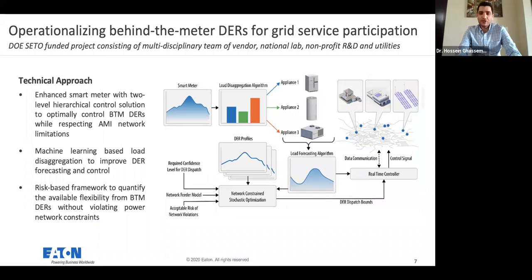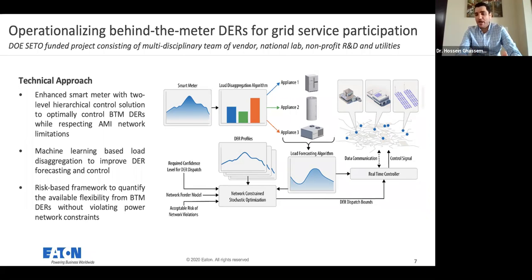If I want to share a little more detail on the technical aspect, at the home level we are thinking of adding more intelligence around load disaggregation and estimation of the available services, and then communicating this to the central level, where you have a load forecast, PV forecast, and can have a stochastic optimization approach to create bids for the market or other ancillary services.